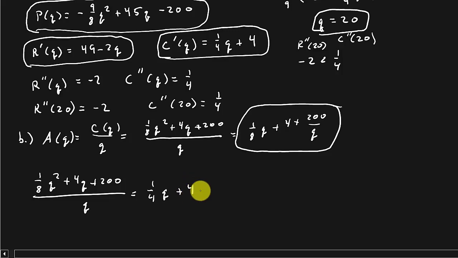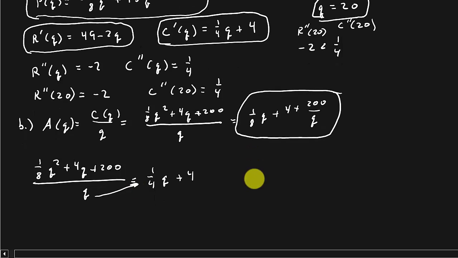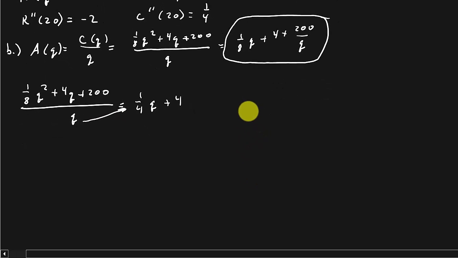Now, I know what you might be thinking. Well, this is what you got for average cost. Yeah, this is what I got for the average cost, but I'm going to use this when I solve it because it's just easier to multiply through by Q. Just easier to solve it when it's in this form.